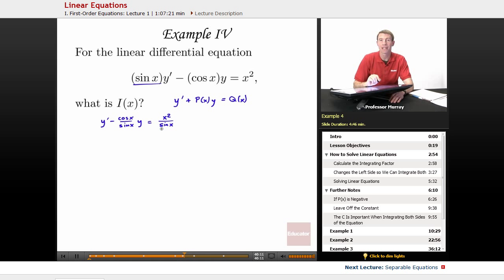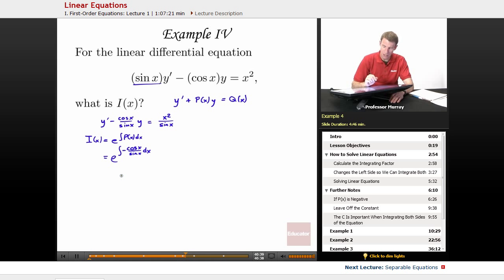And now I can use my form for the integrating factor, which is I of x is equal to e to the integral of p of x dx. And that p of x means whatever is in front of the y, but it includes the negative sign. So go ahead and put that in there. E to the integral of negative cosine x over sine x dx.